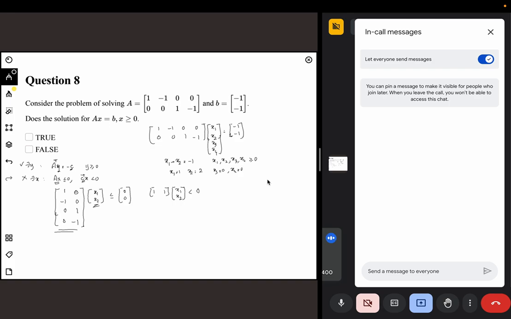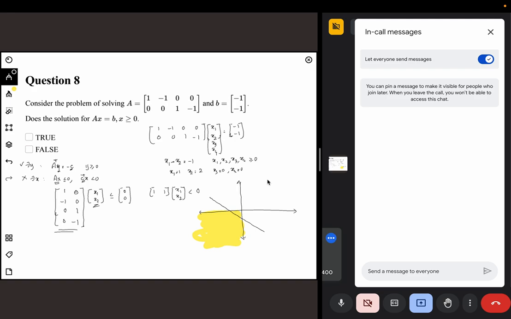Now the problem became a 2D problem. Originally it is a 4-dimensional problem, but once we converted it, it's a 2D problem. So I can just visualize this. What are these constraints? The first one says x1 is negative, x2 negative, all of them are negative, so this is essentially my third quadrant. And what is my objective function? x1 plus x2 being negative.